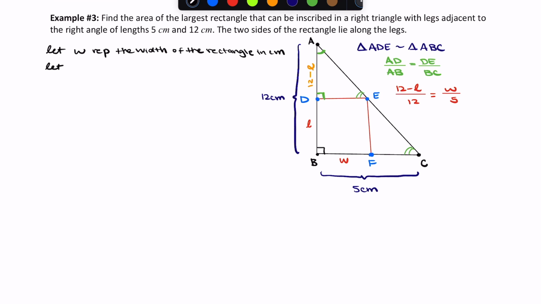We'll let L represent the length of the rectangle, in centimeters, and we'll let A represent the area of the rectangle.